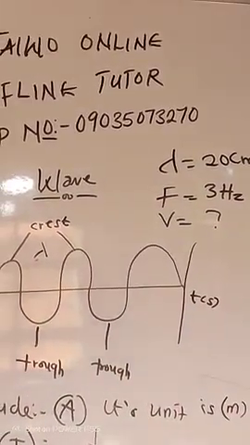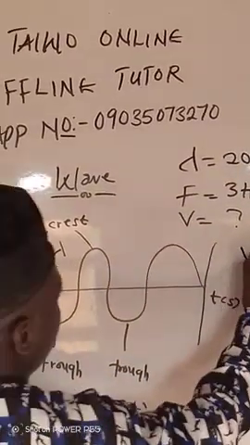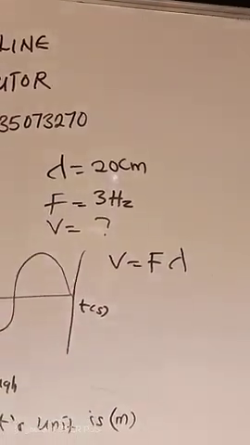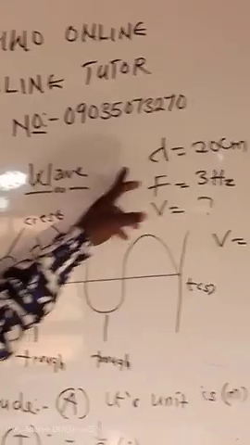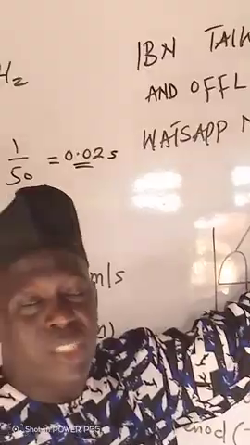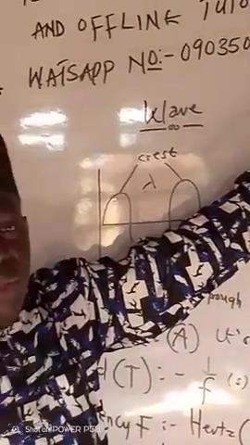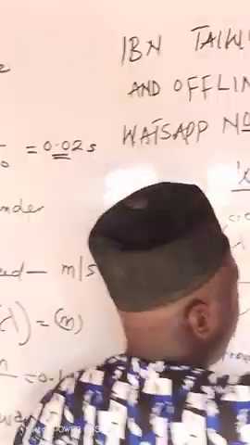Then the question asks us to calculate the velocity. If you don't forget, our formula now will be velocity is equal to frequency multiplied by lambda, which is wavelength. And recall, I said the unit of wavelength is meter. But the wavelength we have been given is in centimeter, so we need to convert it to meter.